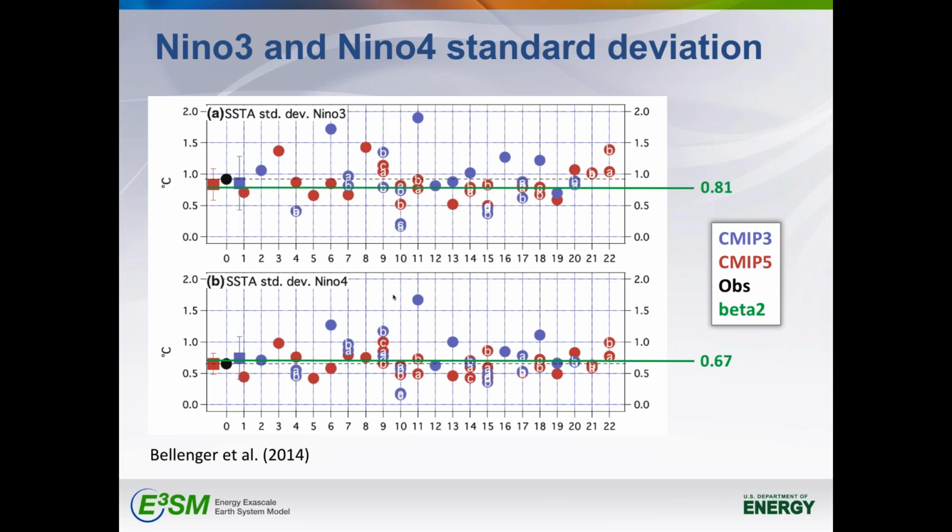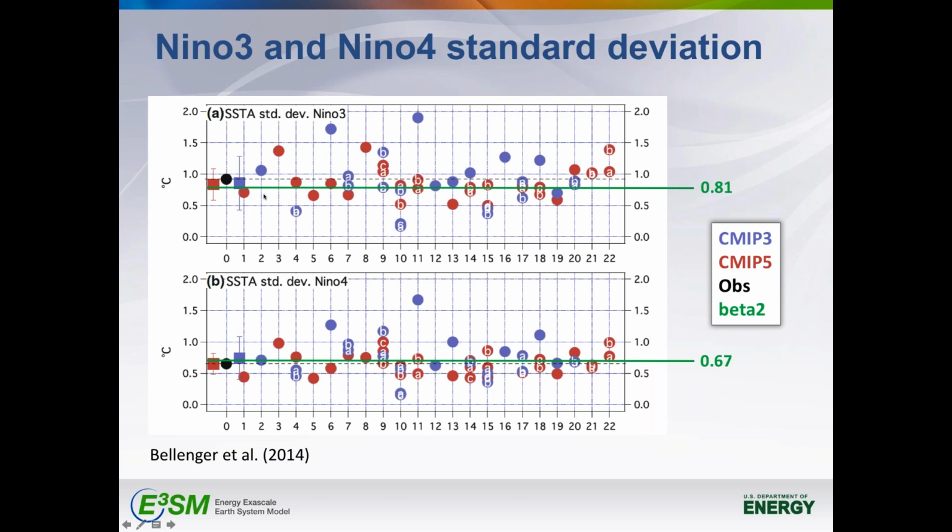This is comparing the amplitude of the Nino3 and Nino4 SST standard deviation against observation and CMIP3 and CMIP5 models that was compiled by Bellenger et al. 2014. On the Bellenger figure, I just added a line for the estimate of beta 2 FCT2. For Nino3, we are a little bit below the observed standard deviation, but within the range of typical CMIP models.